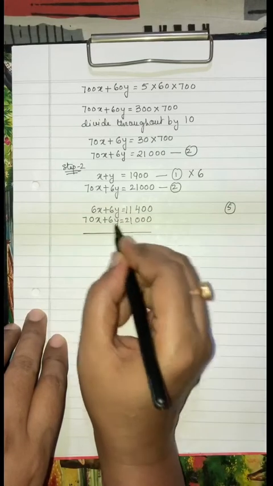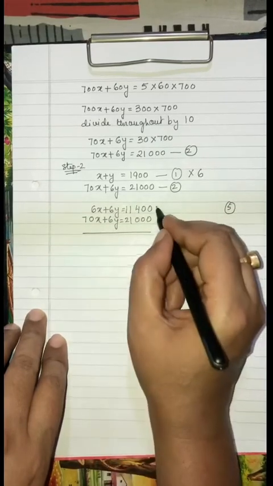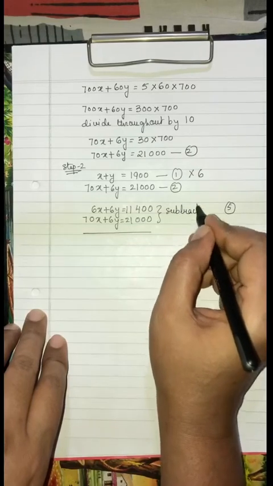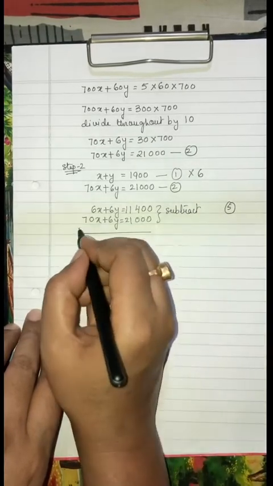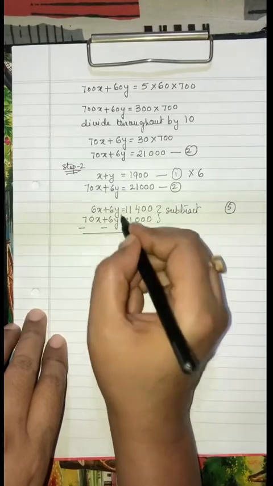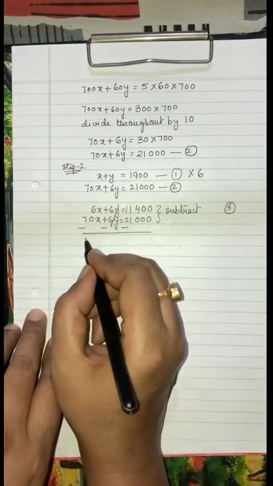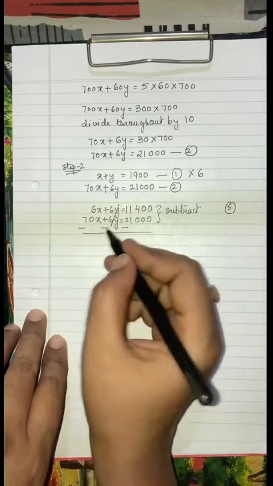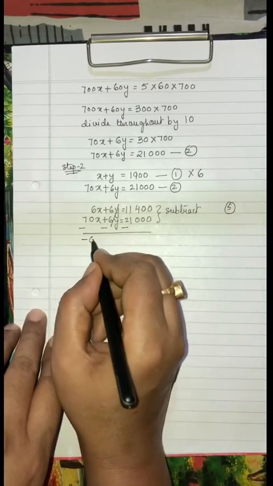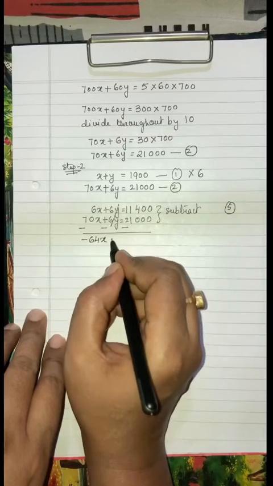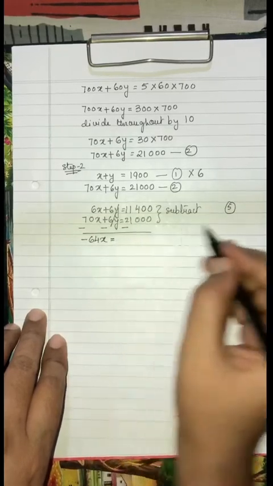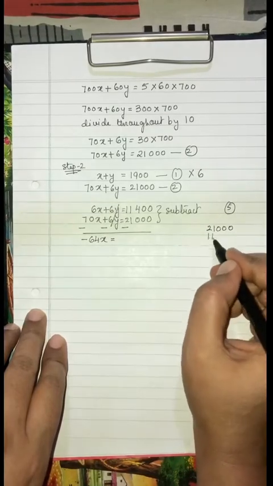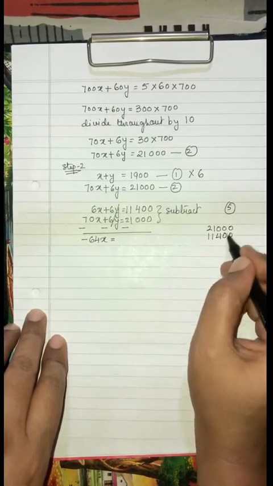Now children, we need the change of signs, so you have to subtract. Subtraction will give you the change of signs. So plus 6y and minus 6y got cancelled. 6 minus 70 will give you minus 64x is equal to 21,000 minus 11,400.